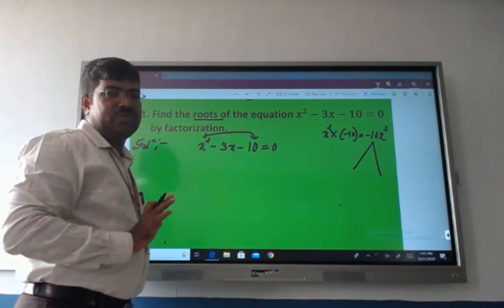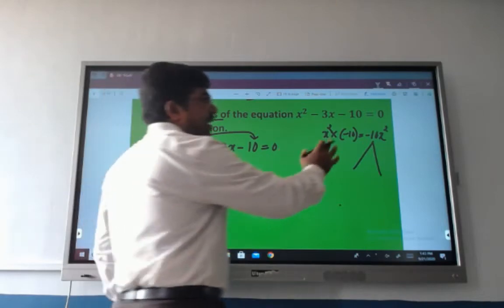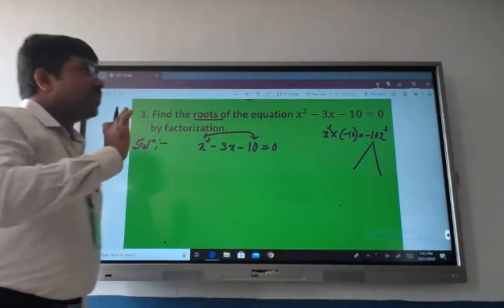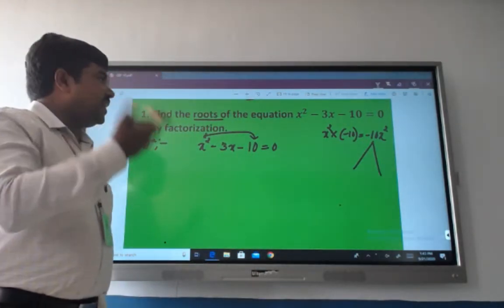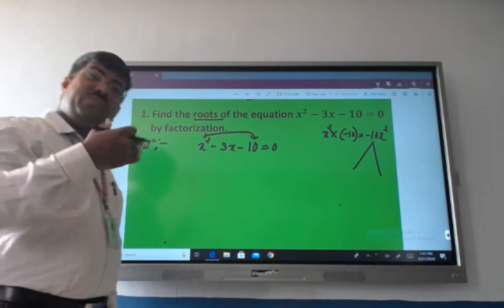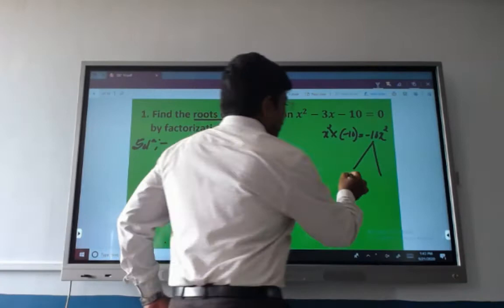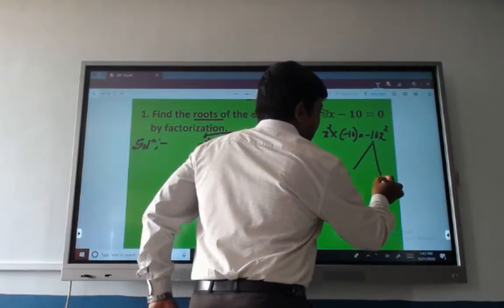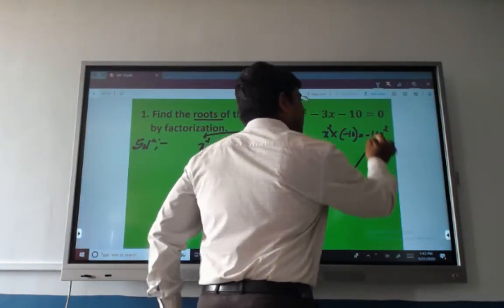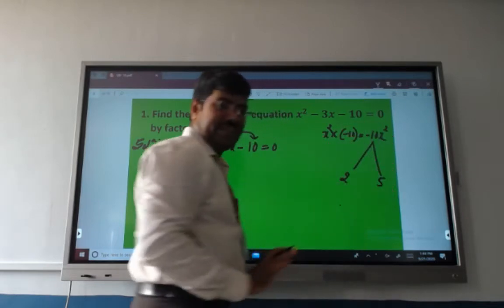So 10x square is there. Who can we take as factors of 10? 2 5s are 10. So here we take 2 and 5. 2 5s are 10, that product will get here 10.